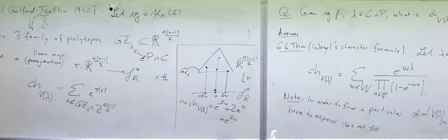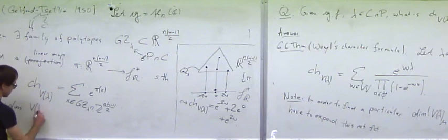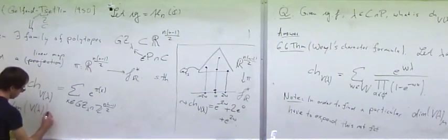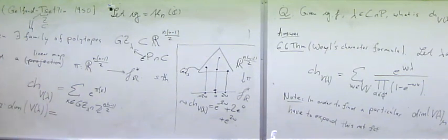So what we talked about is the evaluation. This is a corollary, if you want. If you want to know the dimension of V lambda, so I don't pick any particular weight space, but I want to know the dimension of the entire module, this will be the sum of the dimensions of all weight spaces.